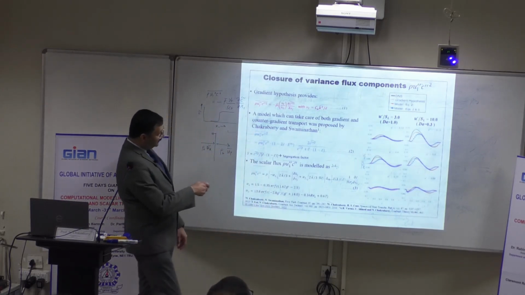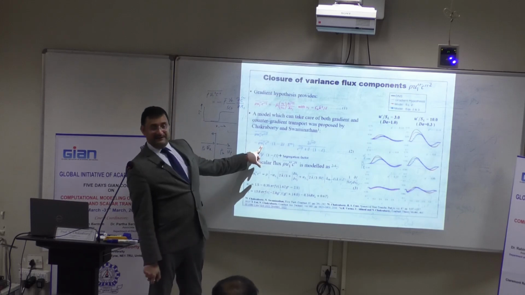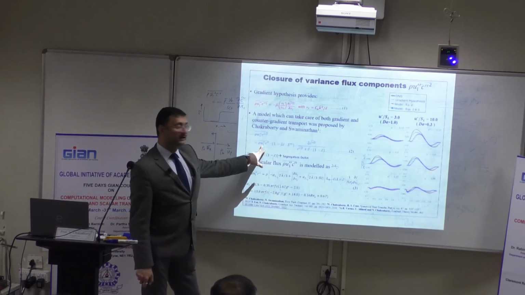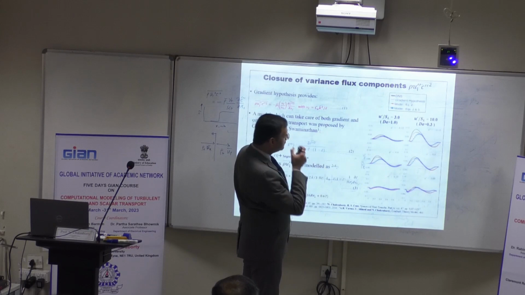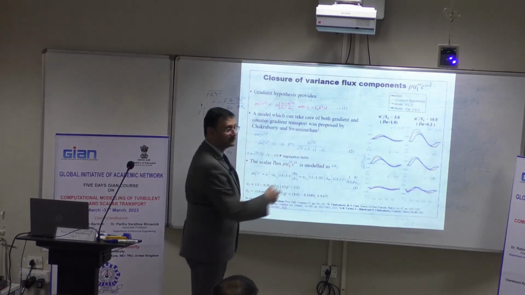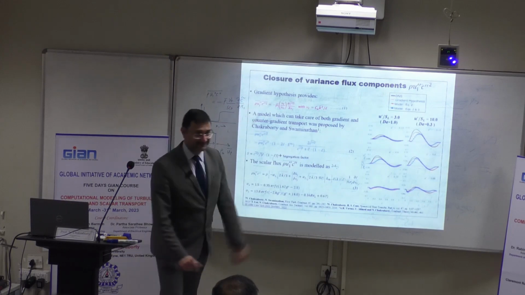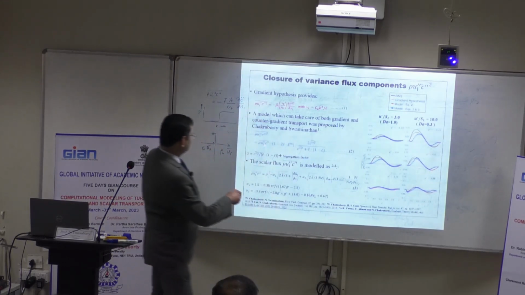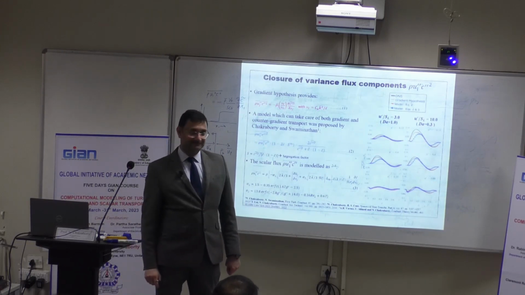If I now consider this expression and I extract the scalar flux directly from direct numerical simulation data, you can see the agreement between this black line and this brown line is quite good, at least in comparison to gradient hypothesis. Okay? But this quantity, scalar flux, is itself an unclosed term.